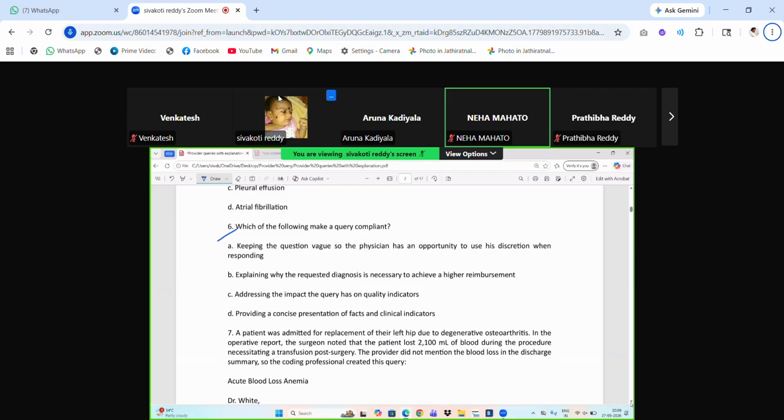Option B, providing a concise presentation of clinical indicators. While we are raising the query, we must document clinical indicators. The clinical indicators should be the main part while you are raising a query.